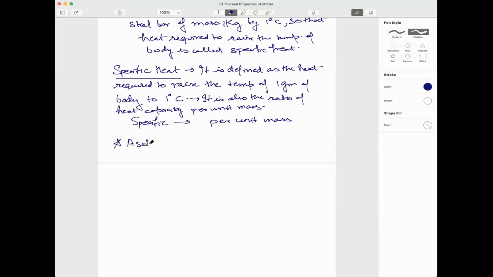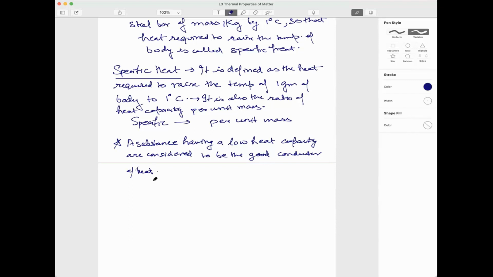A substance having a low heat capacity is considered to be a good conductor of heat. So in general, a conductor has a low heat capacity.